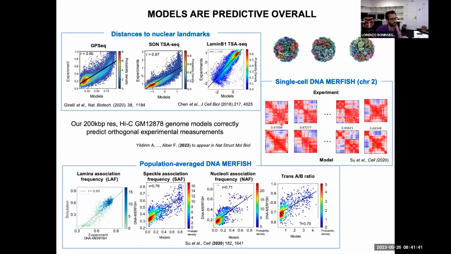Here I'm showing the comparison between the distance matrices for chromosome 2 from the experiment, from DNA MERFISH, with the model. The correlations are pretty nice, and the structural patterns are also pretty nice and variable. So the level of heterogeneity of our population of structures is comparable with what people see in experiments.